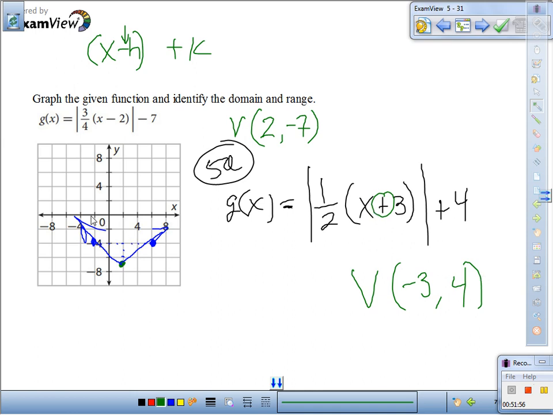So, -3, 4 is right there. What's my slope? 1 up, 2 to the right. 1 up, 1, 2 to the right. And I do the same to the other side. 1 up, 2 to the left. And there it is. Hands if you got that.